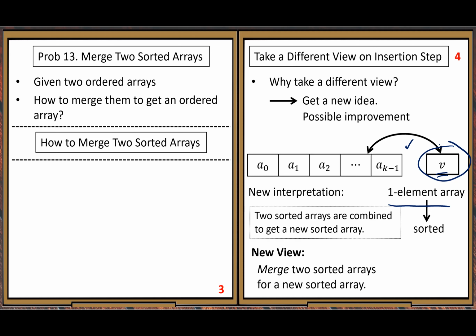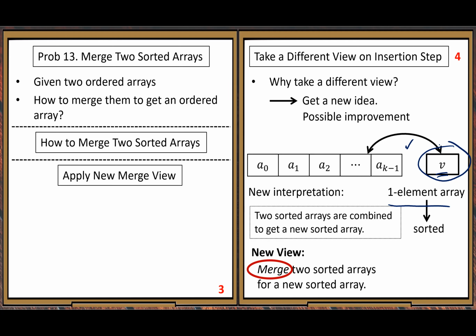That's the merge operation. So insertion operation is a special case of the merge operation. Since we have solved the insertion operation, we try to use a similar way to solve the merge operation.